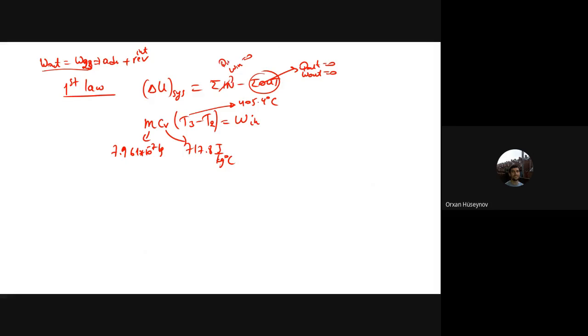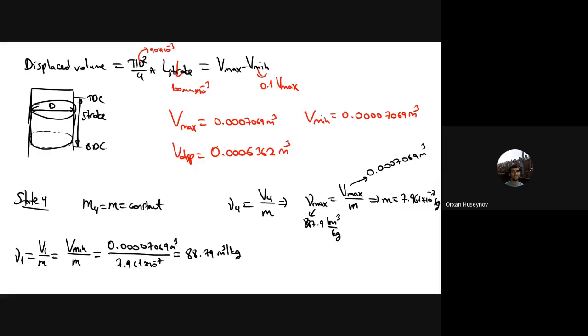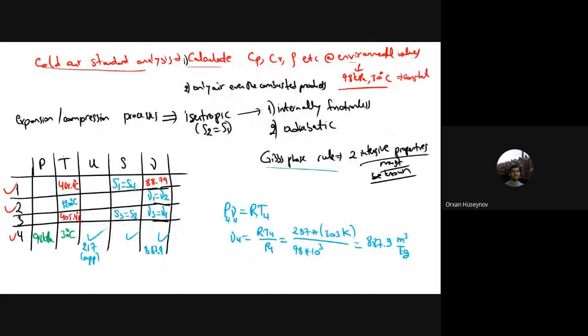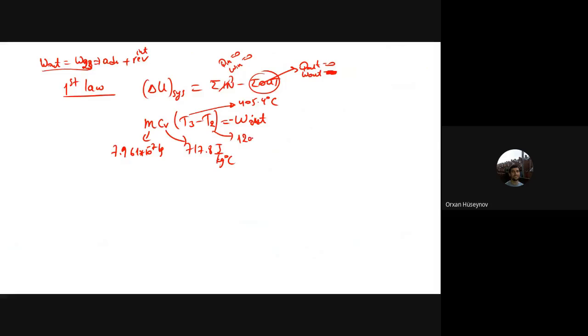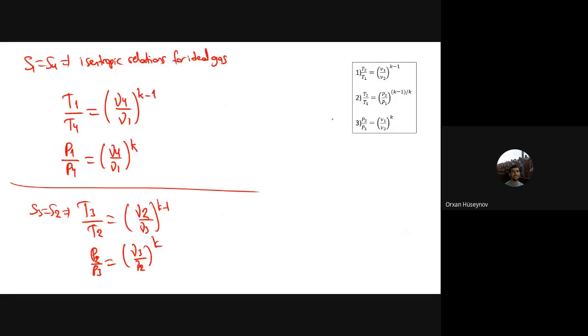So Q in is 0, Q out is 0, work out is not 0. Therefore, this one will be negative work out. And the temperature at state 2 is 1200 degrees Celsius. Then from here you can find the work out.